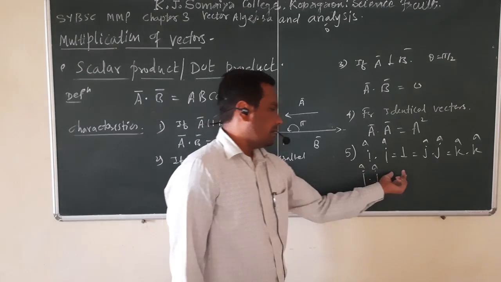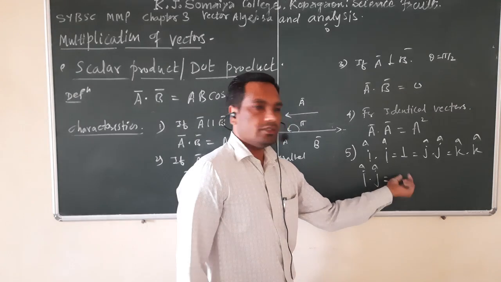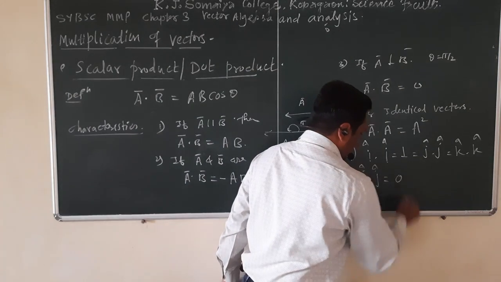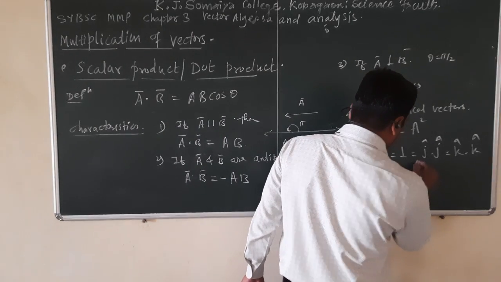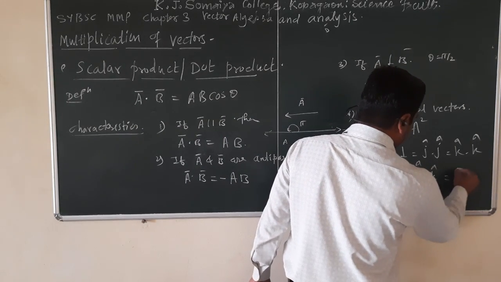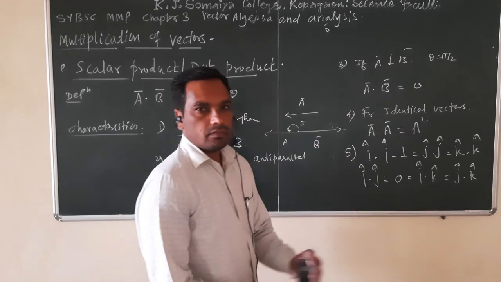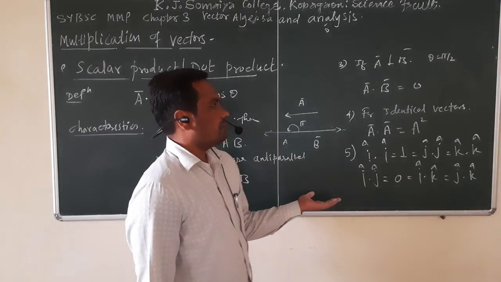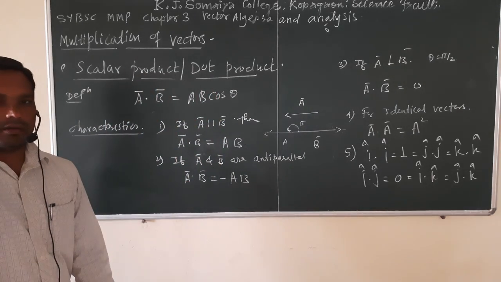In that case, the magnitude of this is 1, the magnitude of this is 1, and cos of 90 is 0, which means i cap dotted with j cap is 0. Similarly, i cap dotted with k cap and j cap dotted with k cap are 0. Okay. So in this way, these are the characteristics of dot product.